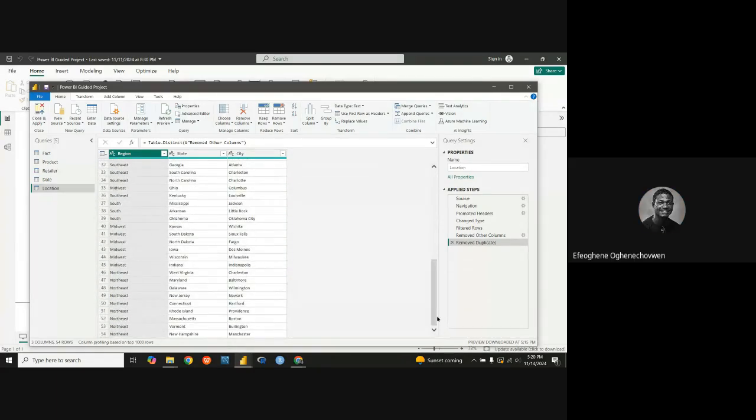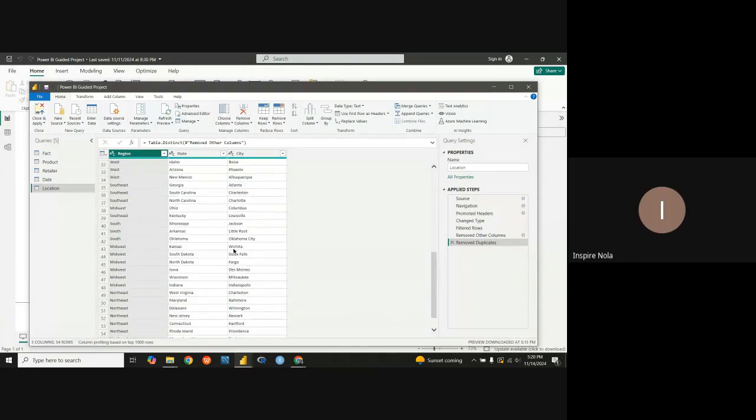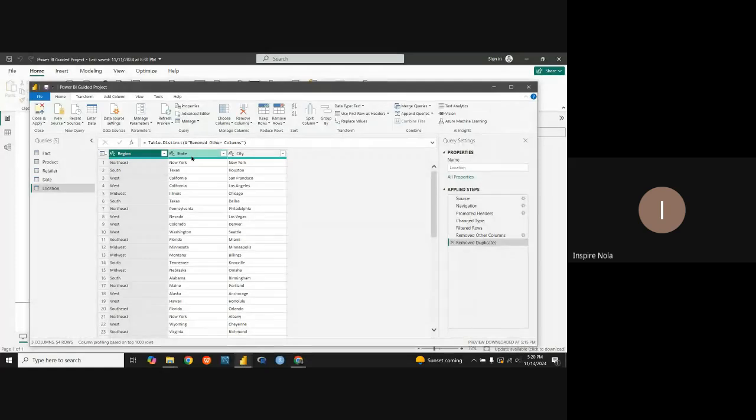In the region and state columns, we still have duplicates there, but in the city column, what differentiates them is just the city. The region and state are still recurring, but the city differs. Yeah. That's what I observe also.